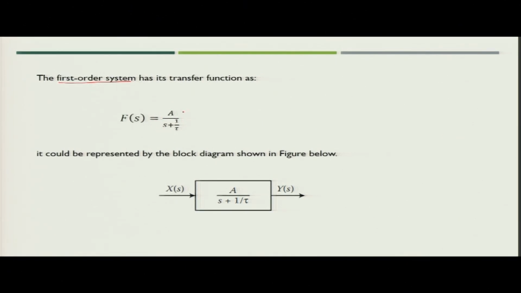This will be the transfer function for a typical first order system, and if you are asked to represent it in the form of a block diagram, you will give X(s) as an input to the block. In the block you will have the transfer function of the system, that is A upon s plus 1 upon tau, and Y(s) will be the output. So, Y(s) can be represented as A divided by s plus 1 upon tau into X(s).